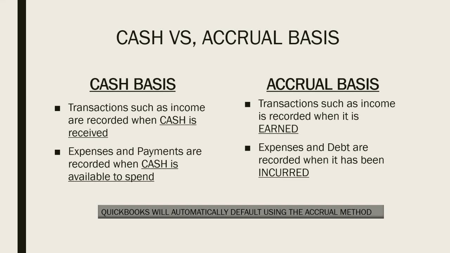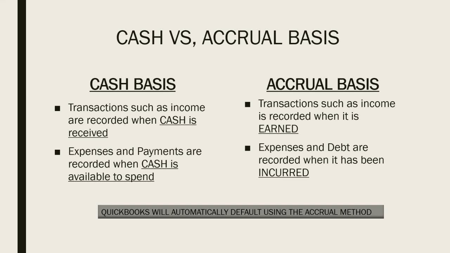Okay, the money must leave our hands, or we write a check. That is going to be determining when we record our expenses. So in this case, you must have the key factor of having cash.